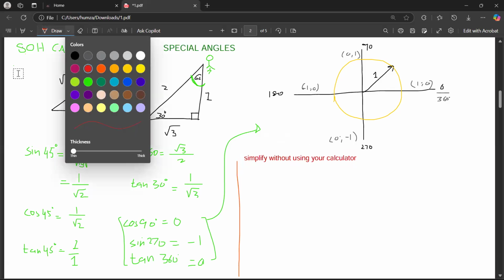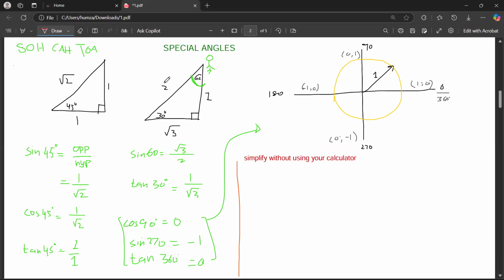The question for you here is sine 80 degrees times cos 120 degrees over cos negative 10 and sine 150.